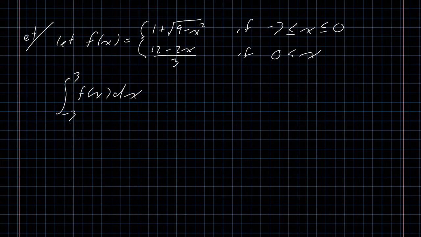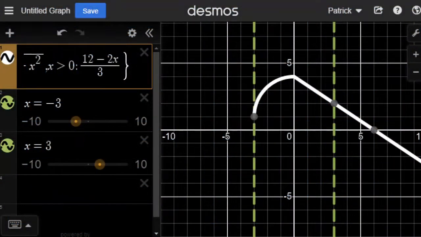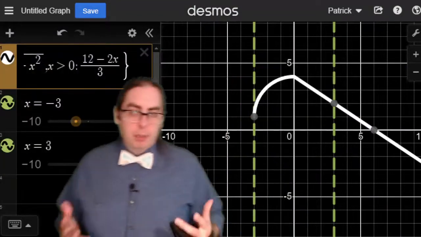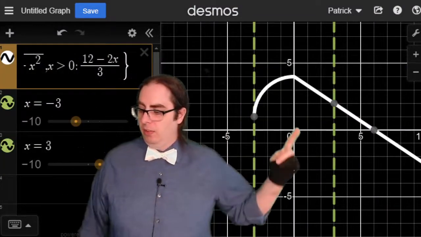The first thing that I'm going to do is treat this very similarly to how I've treated things in the past. Go into Desmos and graph it. And you can see here that I'm going to have an area that is well defined, but it's really broken into a bunch of pieces.